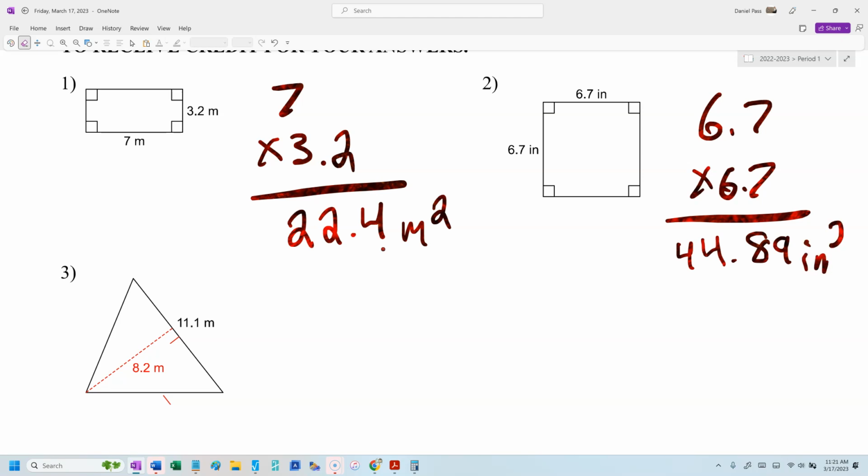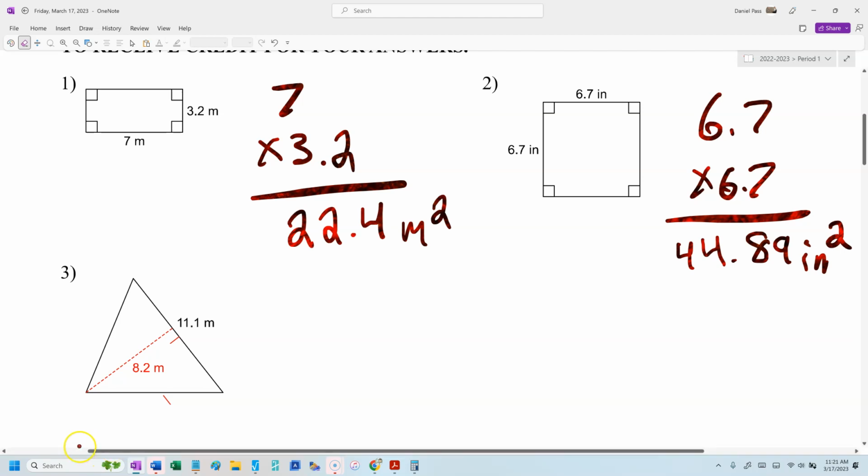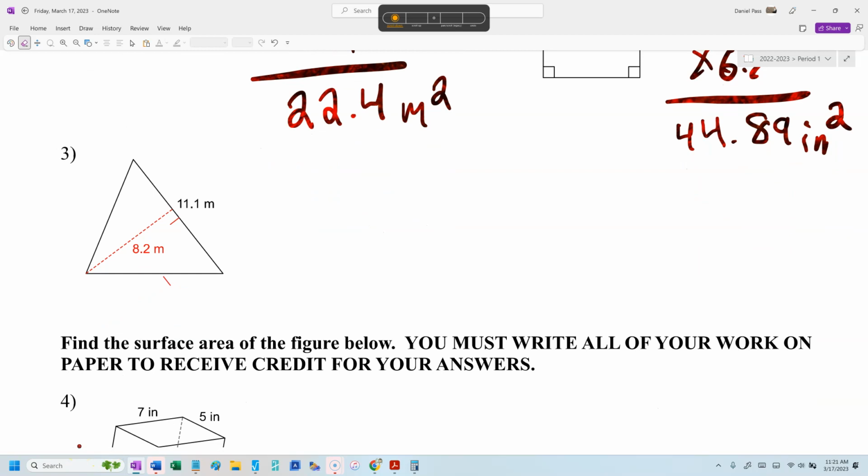Raise your hand if you got the first 2 correct. Good. Pretty much everybody. All right. And hopefully you remembered that you have to divide by 2 on these triangles, right? Just like I showed you on the GeoGebra.